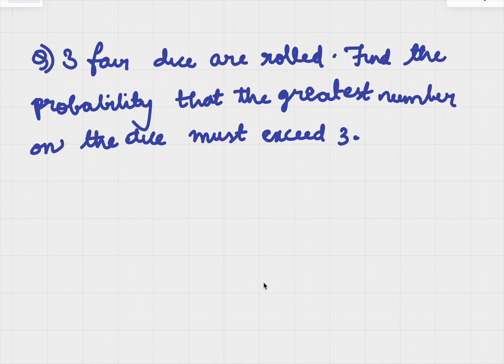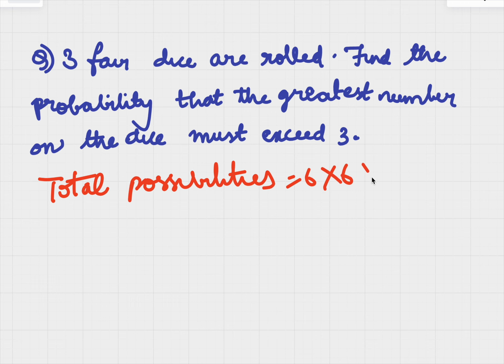Next question. 3 fair dice are rolled. Find the probability that the greatest number on the dice must exceed 3. Now, when 3 dice are rolled, what are the total outcomes? Which is 6 into 6 into 6, 216. Now, what is the complementary event again? The probability that the greatest number must exceed 3 means it should be 4 or 5 or 6.